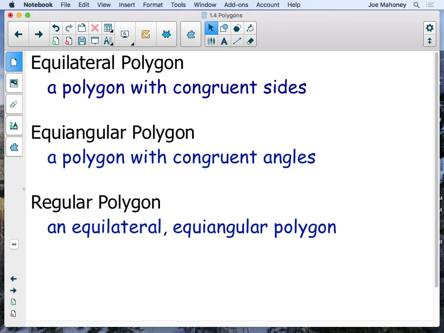All sides are congruent. An equiangular polygon has all congruent angles. And if the polygon is both equilateral and equiangular, we call it a regular polygon. Regular polygons are both equilateral and equiangular.